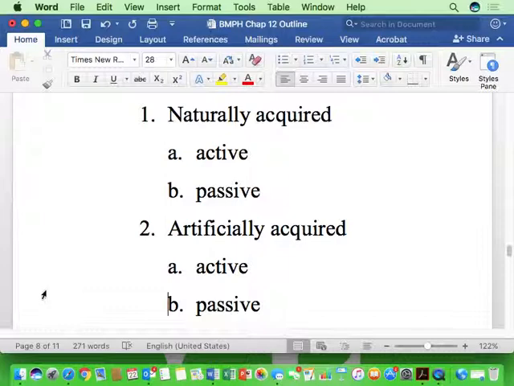So for instance, hepatitis, after you're exposed to hepatitis, they can give you this borrowed immunity. You can use it for things like rabies, or let's see, antivenoms for snake bites would fall into this category as well.